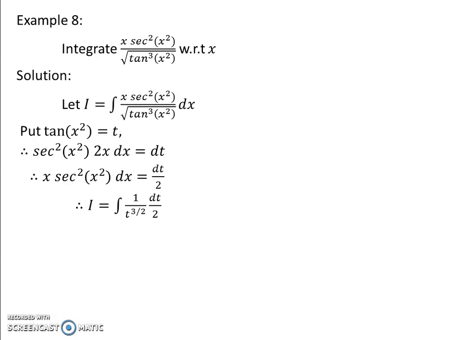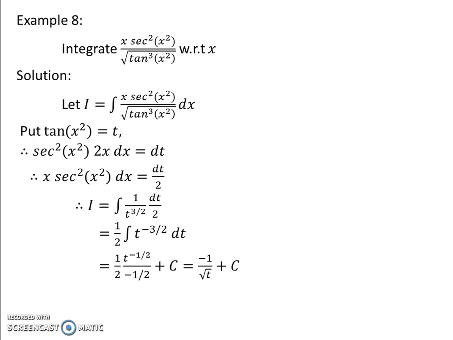Replacing in the equation, we get I equal to integration, that numerator is completely dt upon 2, 1 upon tan cube's root, meaning tan raised to 3 by 2 and that is t raised to 3 by 2. So taking 1 by 2 outside, integration t raised to minus 3 by 2 dt and that is equal to 1 by 2 t raised to minus half upon minus half plus c.